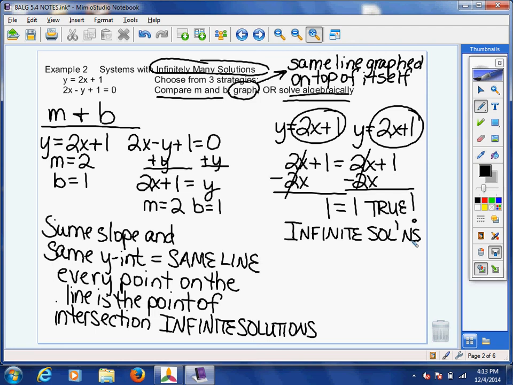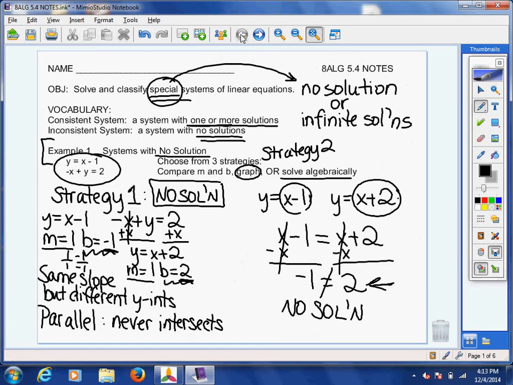Let me give you a little side note. If you flip back to the front page, we had some vocabulary there: consistent and inconsistent systems. I want to draw your attention to inconsistent systems, the bottom one. It's a system with no solutions, so that would be example 1.